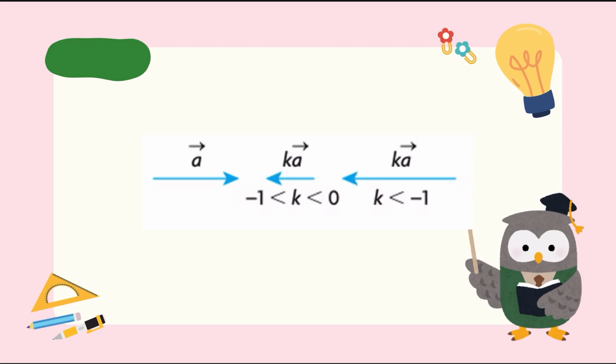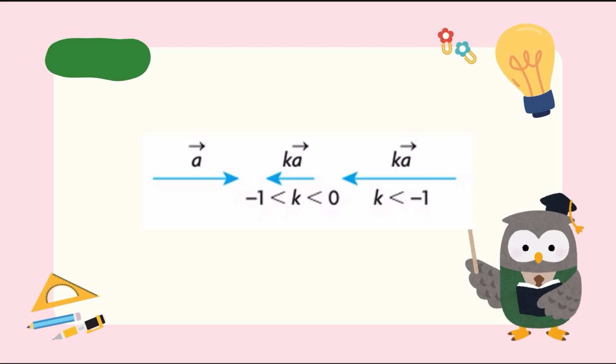And if k is smaller than -1, like -2, -3, -100, then k times vector a will get a longer or bigger version, and the direction is also pointing to the opposite.